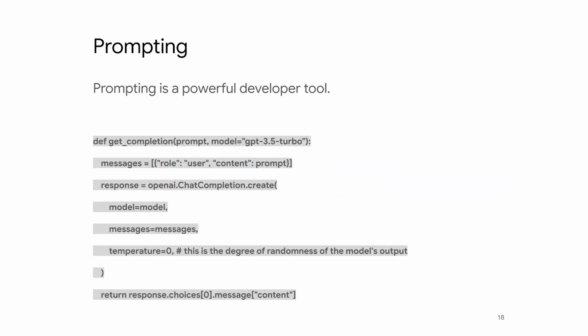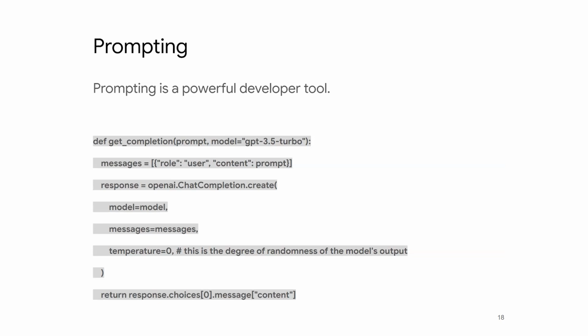So this is what a prompt looks like, where I specified something like the model. Let's say in this case, like you can see on my screen, you have a model itself that you're going to use, because there are multiple versions of a model. You can use something they call a role, and say there's going to be a user and there's going to be the content. Then you can say response is going to be created by, let's say, OpenAI chat completion. Then you say model is equal to model, which is specified already up there.